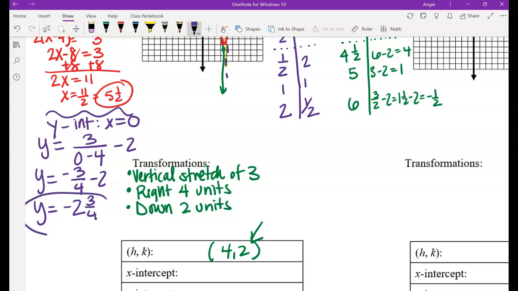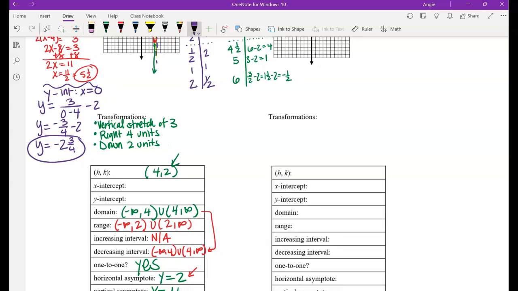All right, let's write them both in as ordered pairs. So x-intercept, it's going to say 5.5, comma 0. Y-intercept 0, comma negative 2 and 3/4, or you can write it as 0, comma negative 2.75, or if you want improper, 4 times 2 is 8, 11, negative 11 over 4. Any one of those combinations is fine.